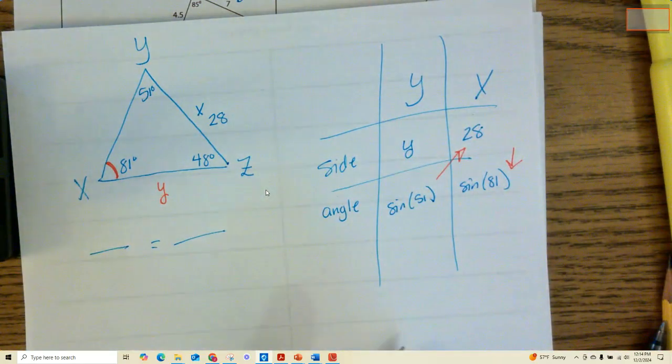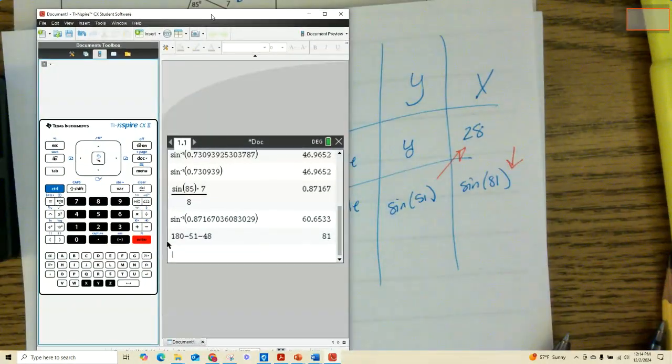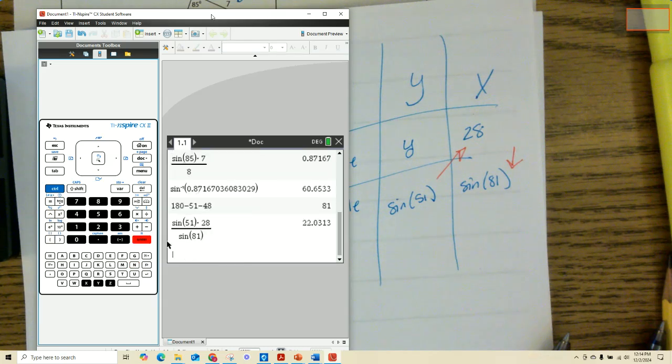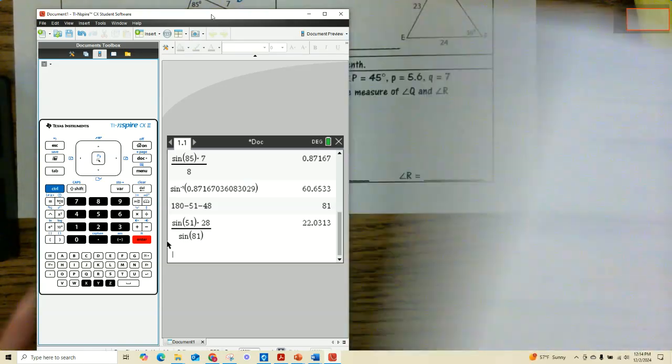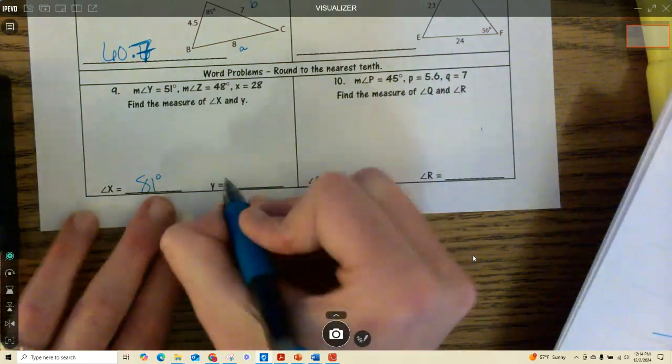Divide by what's left. All right, let's put this over here. So we're going to do the sine of 51 times 28 divided by the sine of 81. Round to the tenth again. Yep. 22.03 would round to 22.0.